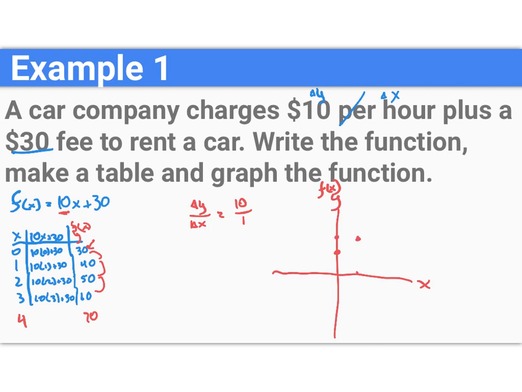So that's that point. At 2, we're at 50. And at 3, we're at 60. So 2, 50, 3, 60 is out here. And then you see a straight line going from 30. And that's what the graph would look like if I had a graph and I had some numbers.